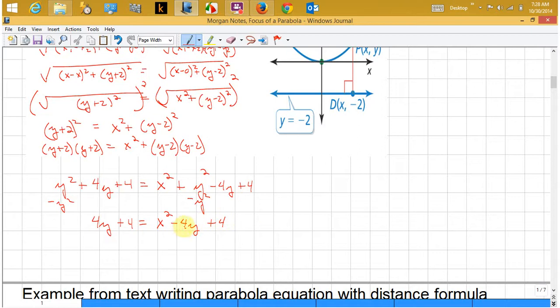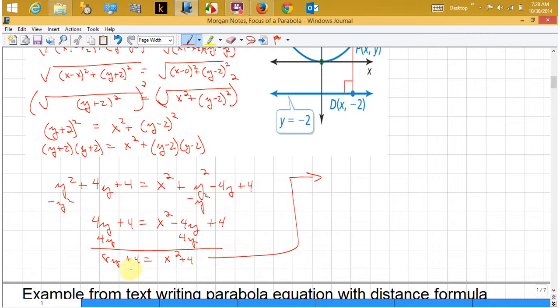Let's add 4y to both sides. Okay, now I have 8y plus 4 is equal to x squared plus 4.